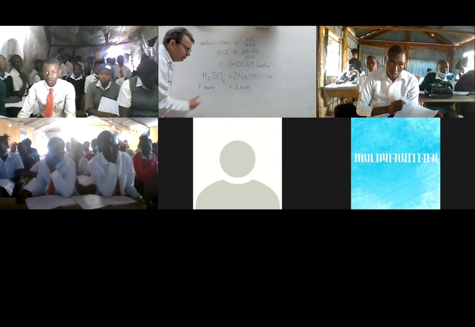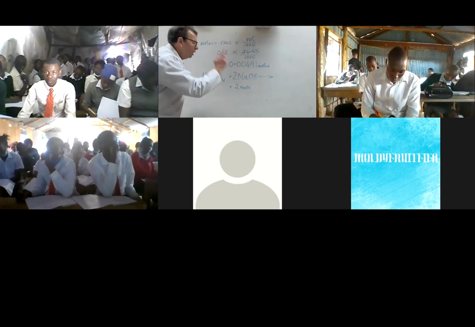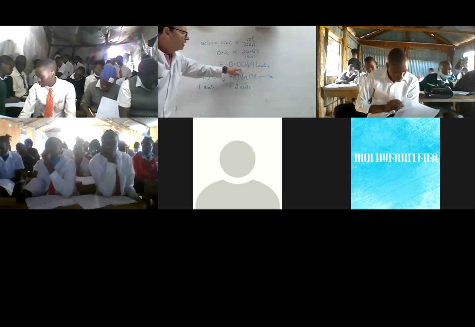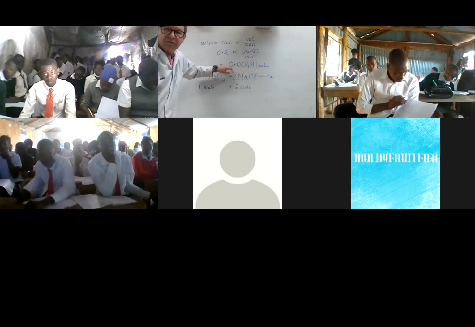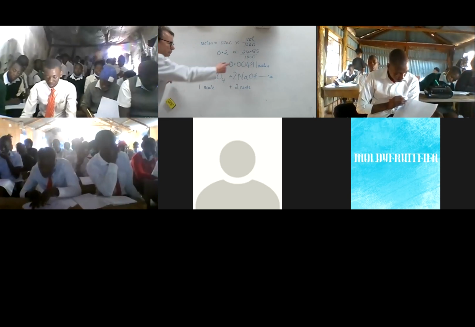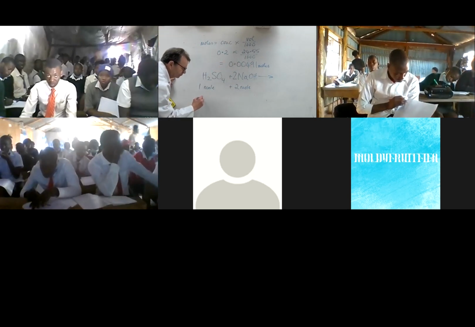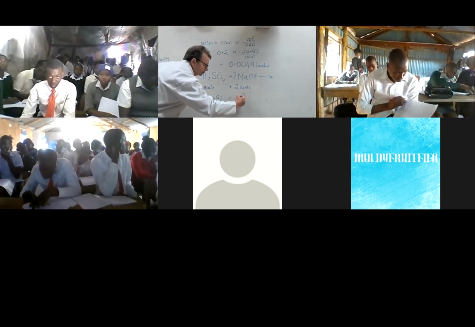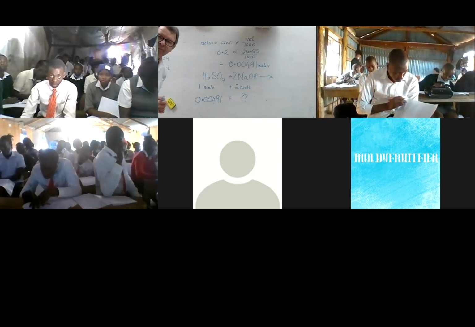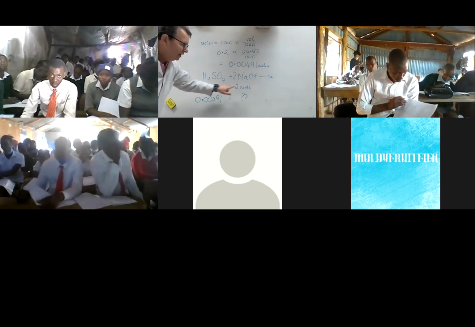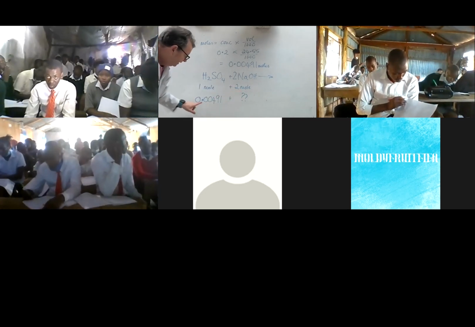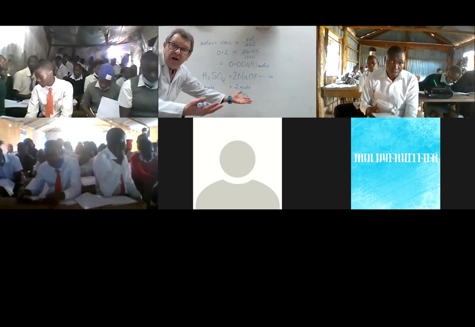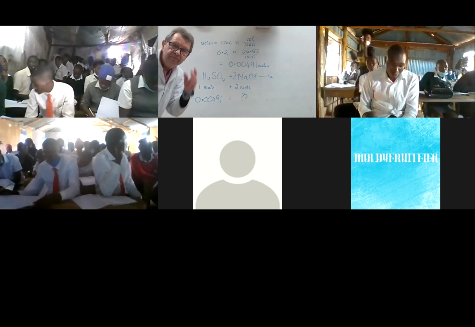So 1 mole, 2 moles. I have this here. This is the moles of sulfuric acid. If 1 reacts with 2, 0.00491 reacts with... How do I do that?